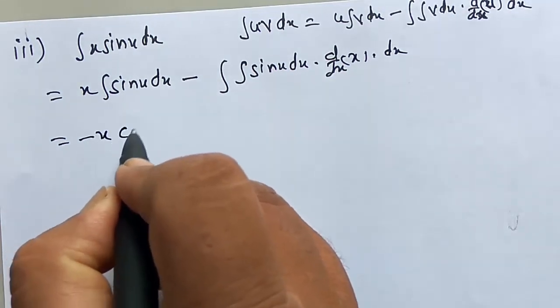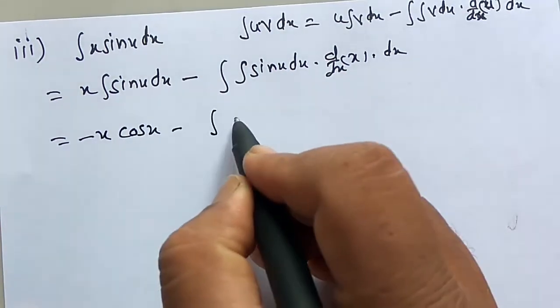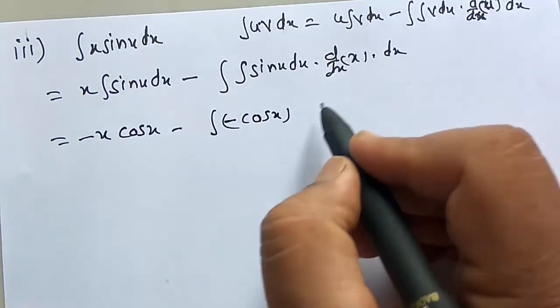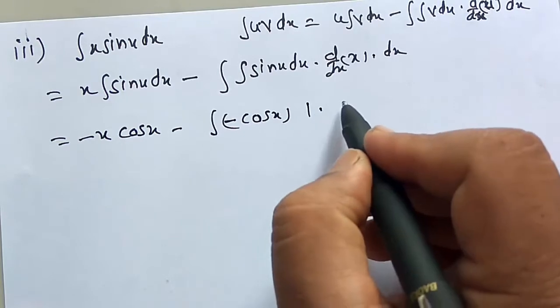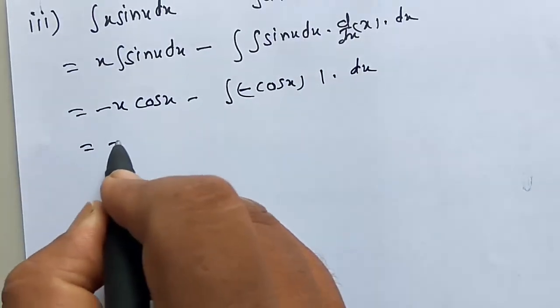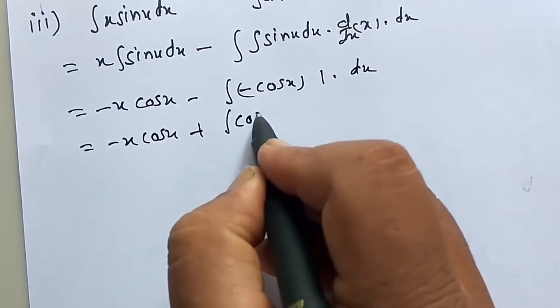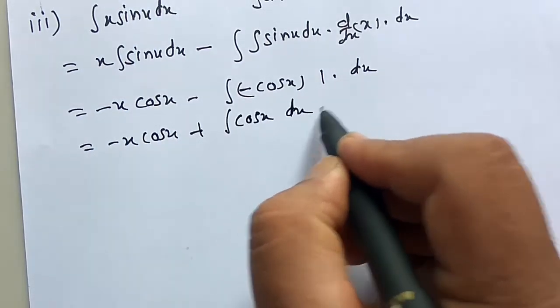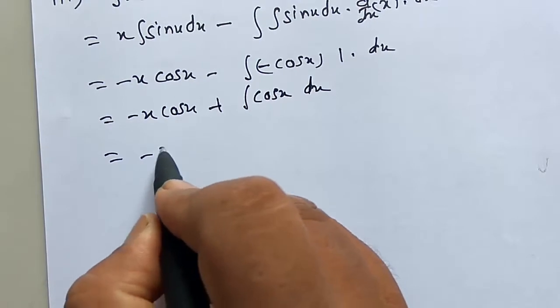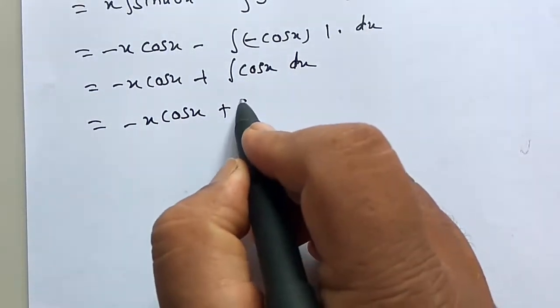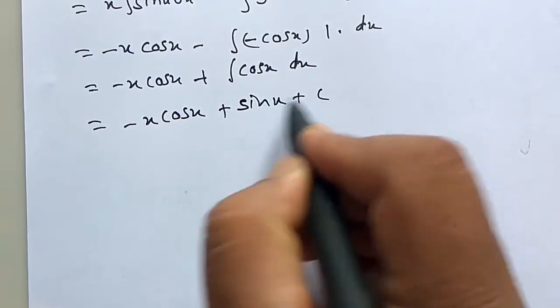So, minus x cos x minus integration of minus cos x, derivative of x is 1, dx. So, this is equal to minus x cos x, minus minus becomes plus, integration of cos x dx, is equal to minus x cos x plus integration of cos x, which is sin x, plus c. So, this is the answer.